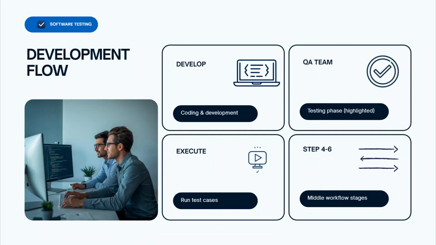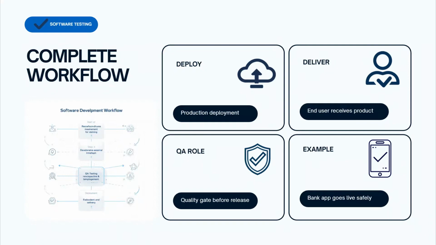Development will start developing the application, and the testing team will start writing test cases and scenarios. If they have any doubts, they will reach out to the BA and get more knowledge on the product or application. Once the product is ready and everything is tested, it will go to production, then to the end user, like a bank.